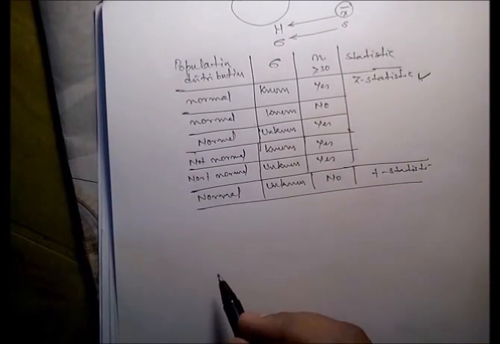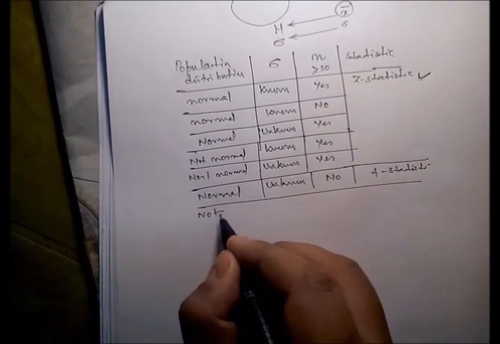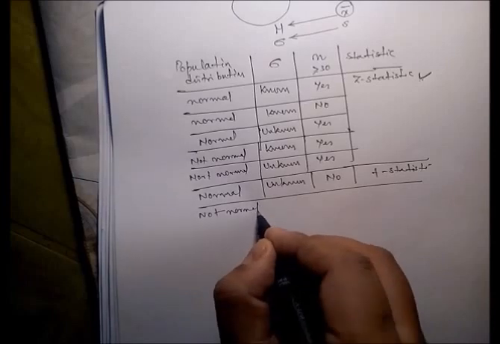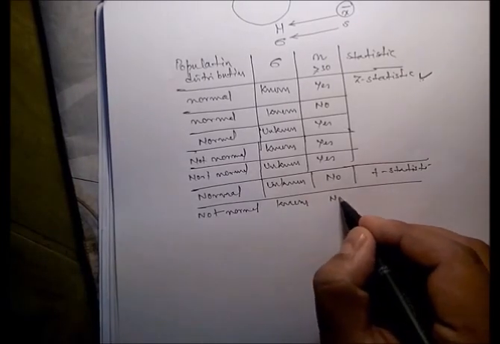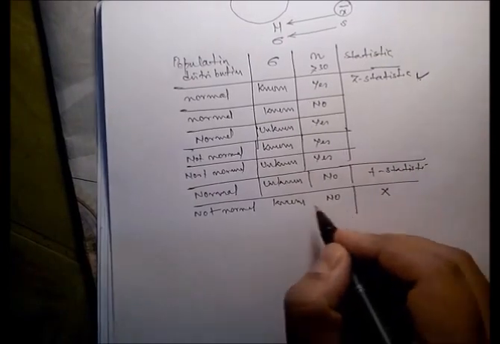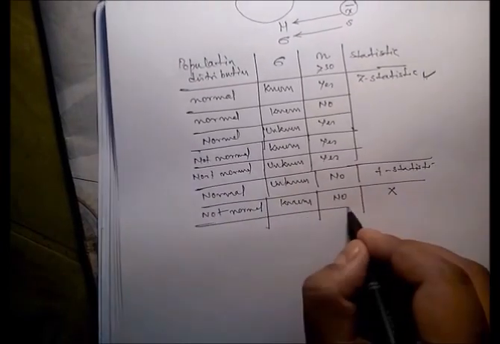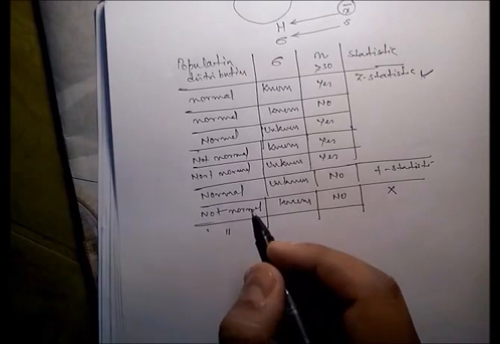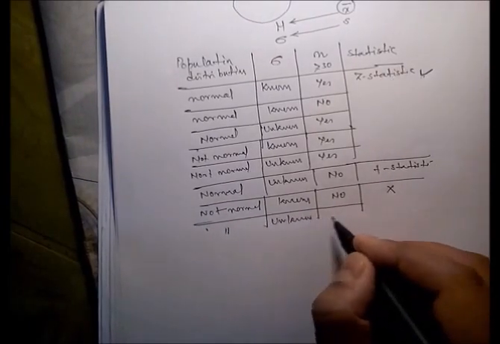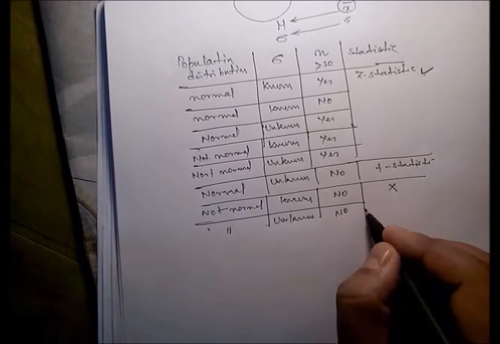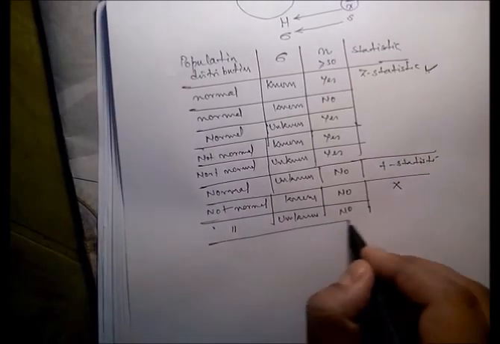But if it is not normal, and the sample size is small, we can't use any statistic. Similarly, if it is not normal, the standard deviation is unknown, and the sample size is less than 30, then we can't use any statistics.